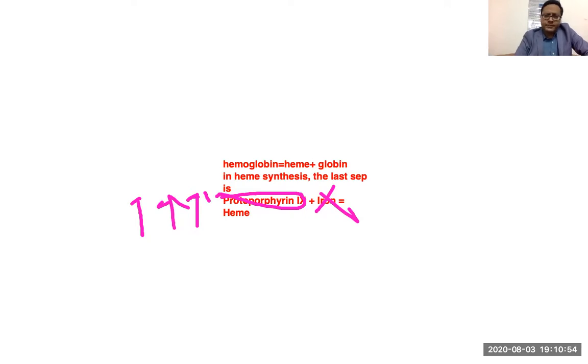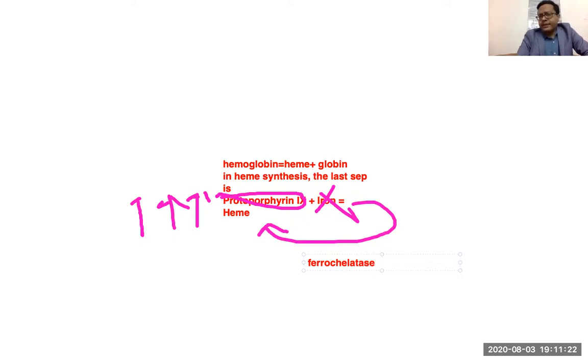Another bonus concept which I like to mention here, that in lead poisoning also, free erythrocyte protoporphyrin level could be increased. The concept is also simple, very simple here. Basically, this protoporphyrin and iron, it becomes heme with the help of an enzyme. The name of this enzyme is ferrochelatase. So in this step, an enzyme is required that is called ferrochelatase.